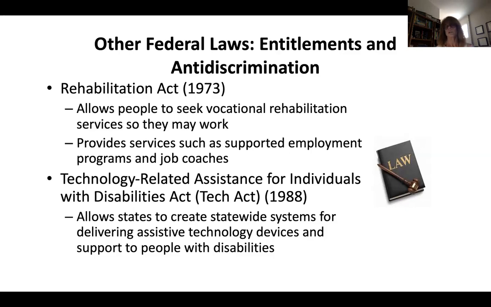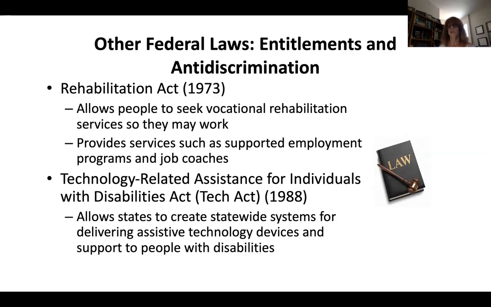Other federal laws that are significant within special education services are things like entitlements and anti-discrimination. The 1973 Rehabilitation Act really looked at how we provide vocational rehab services to people in order for them to work.